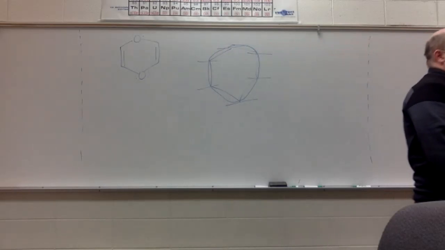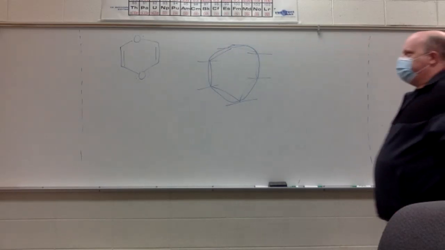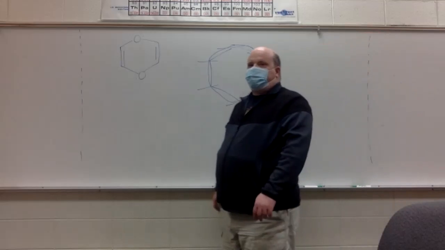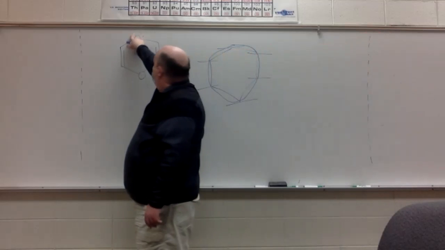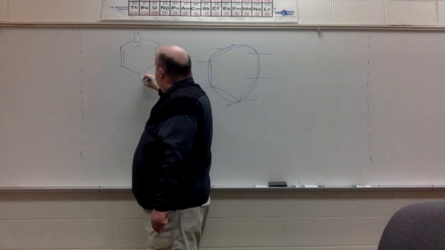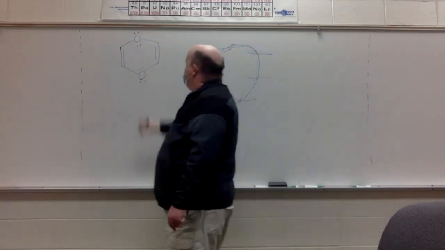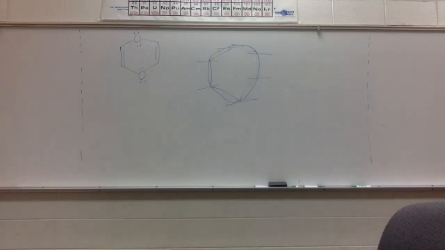How many would we draw here? How many pi electrons would we use? Y'all remember this one? We actually did this one the other day. If you go back and do our analysis, you'd find that each one of those oxygens has one pair inside and one pair outside.